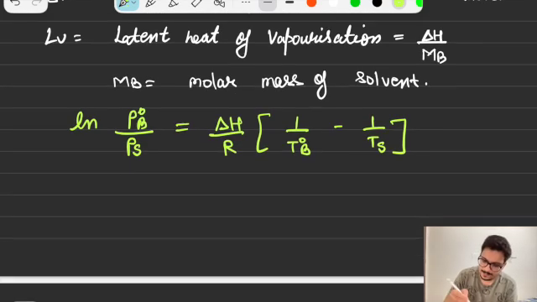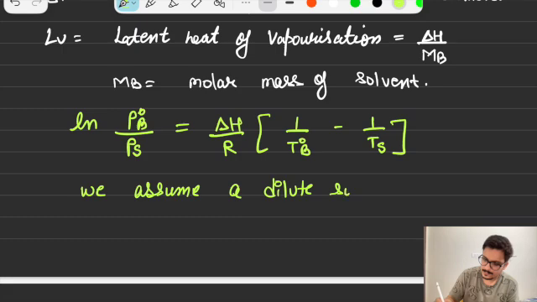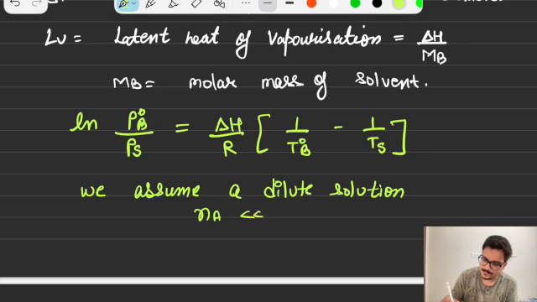Okay, so we assume a dilute solution. For a dilute solution, moles of solute is very much less than moles of solvent.